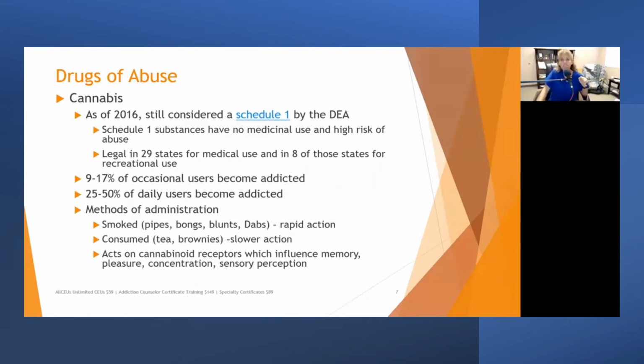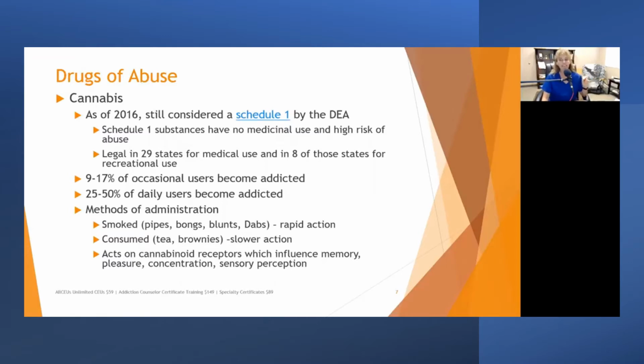Cannabis. As of 2016, cannabis is still considered a Schedule I drug by the DEA. Schedule I substances have no medicinal use and a high risk of abuse. Now, I'm not going to argue whether there's medicinal use or not. I'm just telling you what the DEA says, okay? So cannabis is legal in 29 states for medical use, despite what the DEA may say.